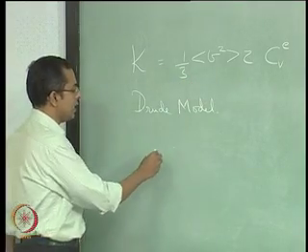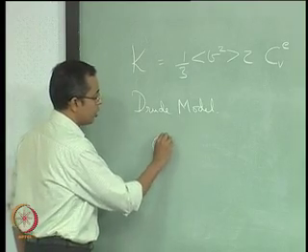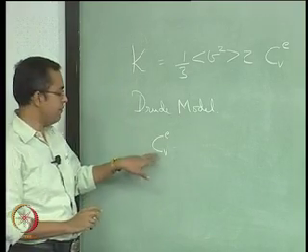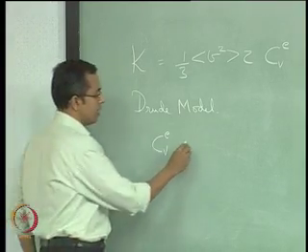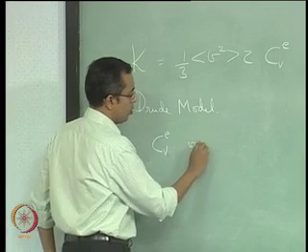What were the errors? Basically, the electronic contribution to specific heat, C_V^E, is overestimated.